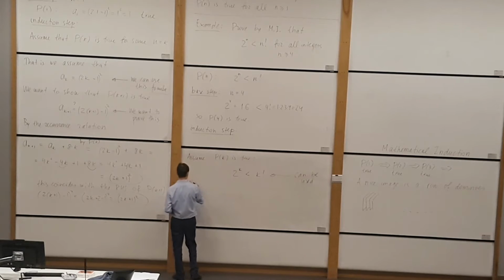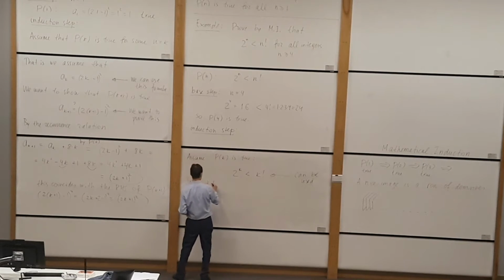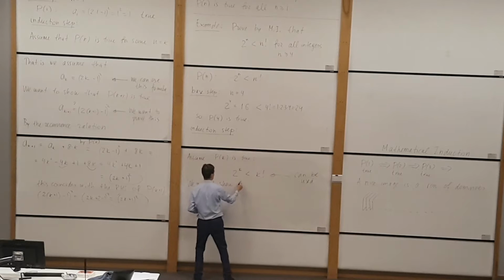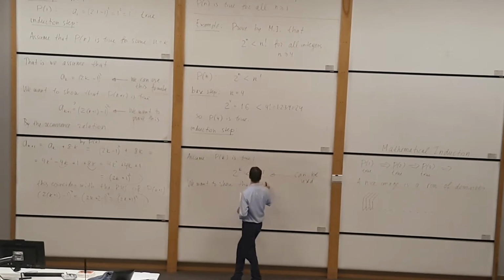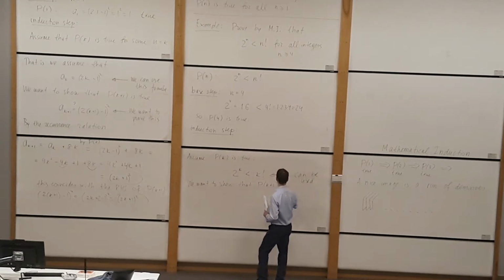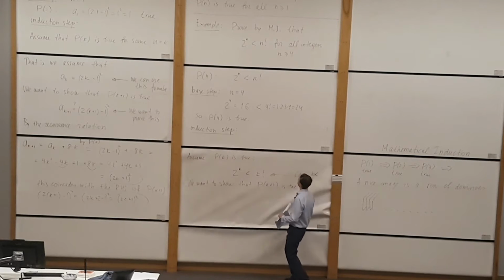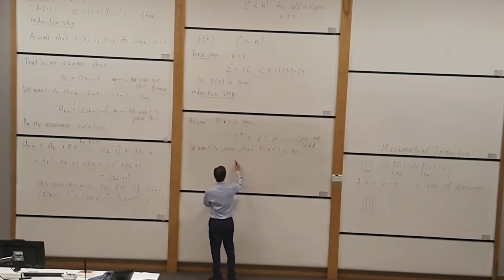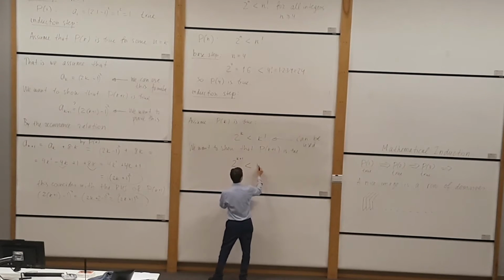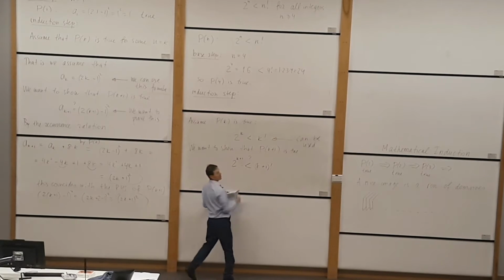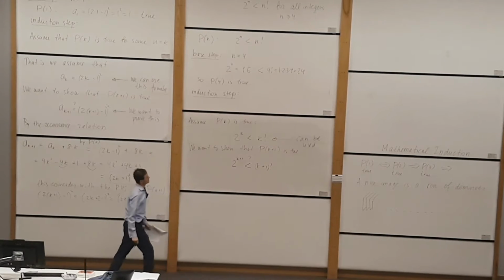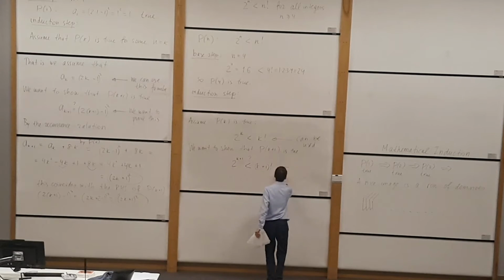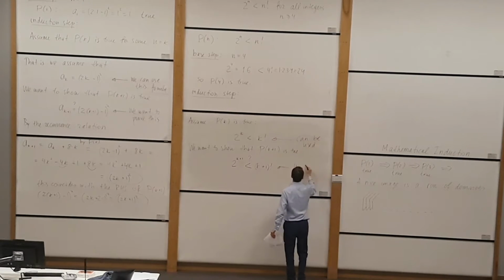Next, we want to show that P of k plus 1 is true. So what is this statement P of k plus 1? That's the statement that 2 to the power k plus 1 is less than k plus 1 factorial. And I put a question mark above the inequality. I mark to myself that we want to show this.